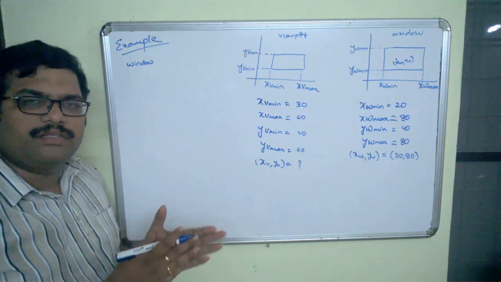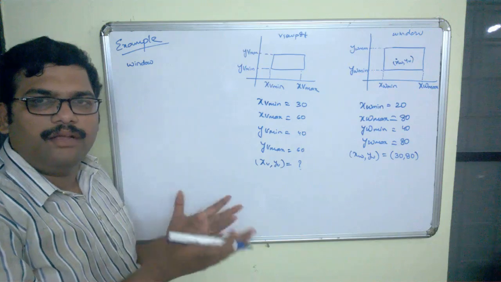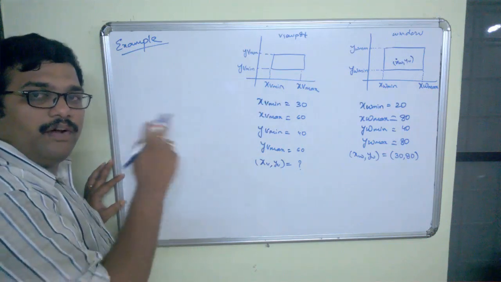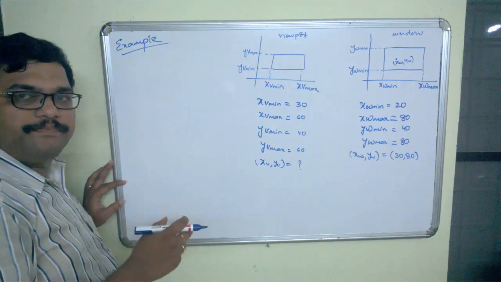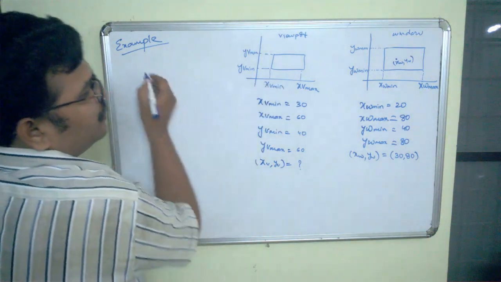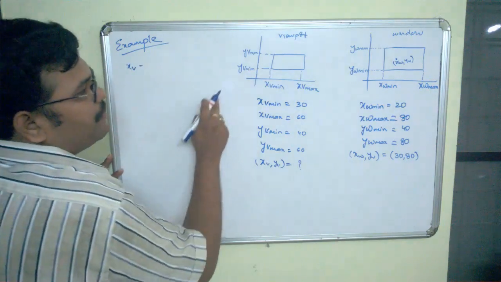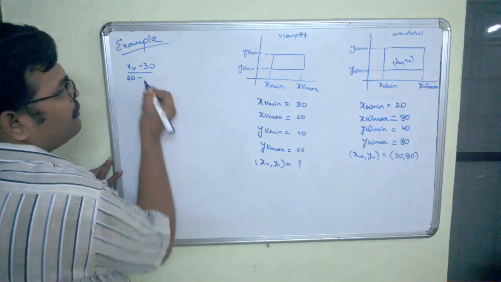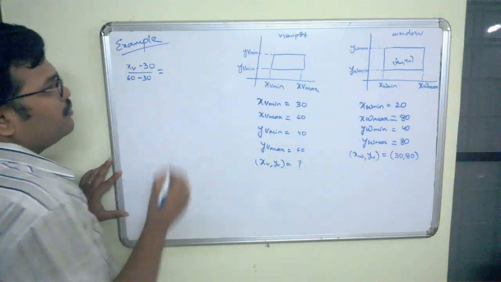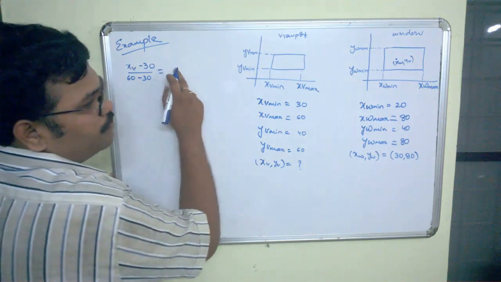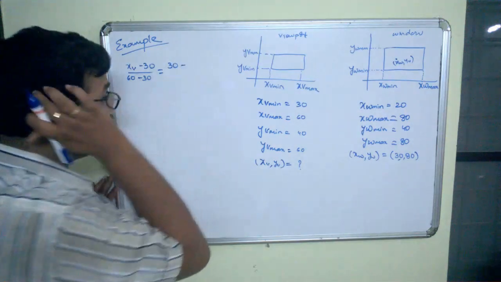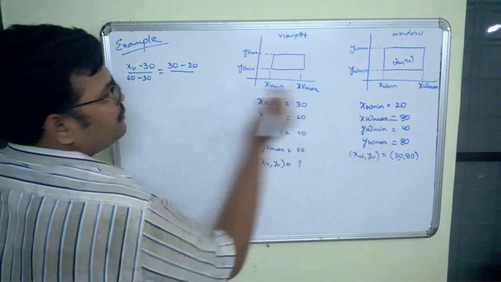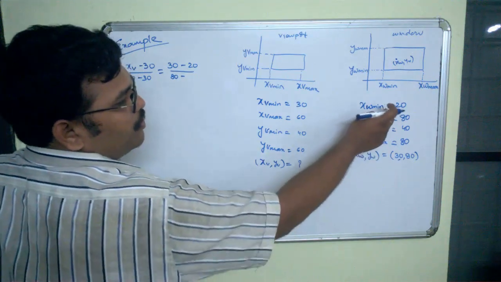So directly apply the formula, or you can simply write the normal formula. To find the XV, as we know the relative positions are the same, so we write: XV minus XV minimum, where XV minimum is 30, by XV maximum 60 minus XV minimum 30, is equal to XW 30 minus XW minimum 20, by XW maximum 80 minus XW minimum 20.